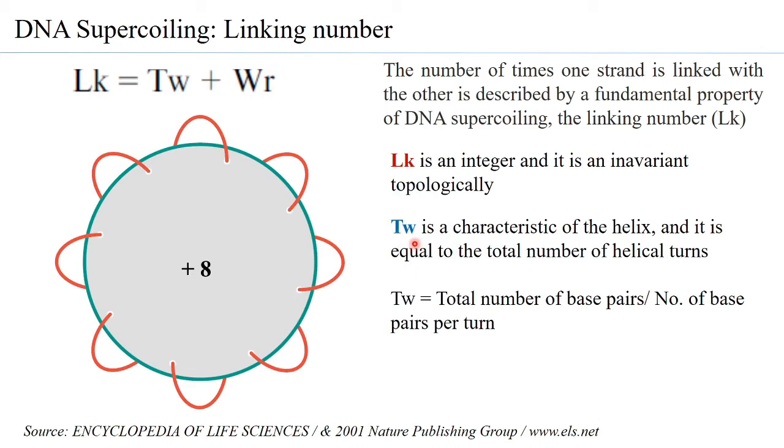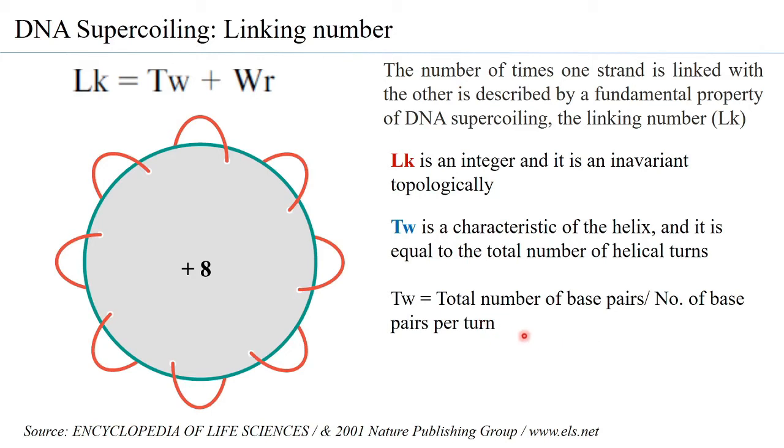How do you calculate that? Well, you calculate the number of helical turns by knowing the total number of base pairs per DNA divided by the number of base pairs per turn. If it is B-DNA, we all know the number of base pairs per turn is 10.5.